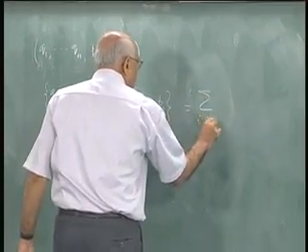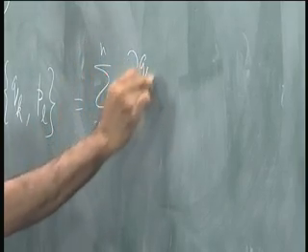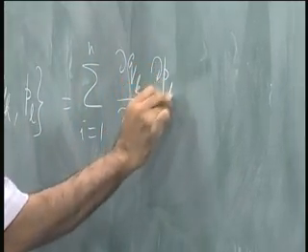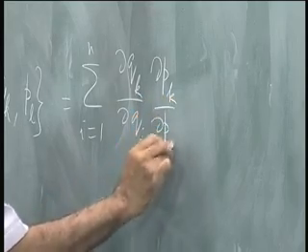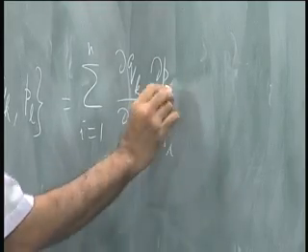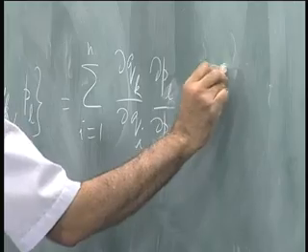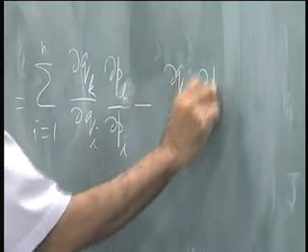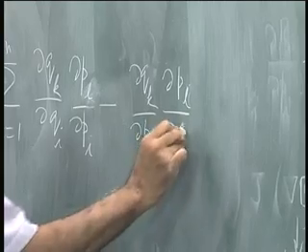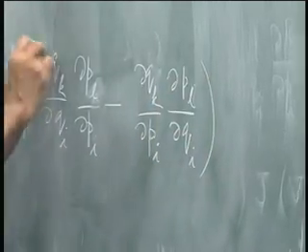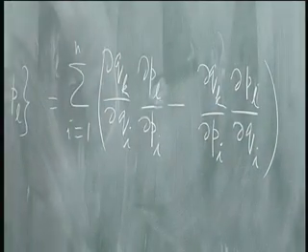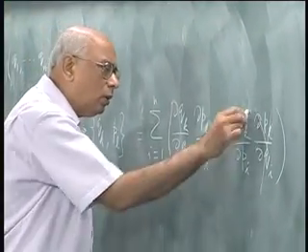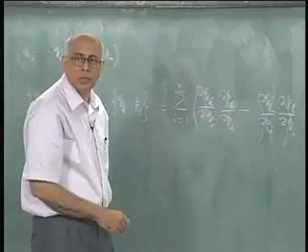Summation i equal to 1 to n delta qk over delta qi delta pl over delta pi minus delta qk over delta pi delta pl over delta qi, and this term is 0 because the p's do not get differentiated with respect to the q's, nor do the q's with respect to the p's, so that is gone.